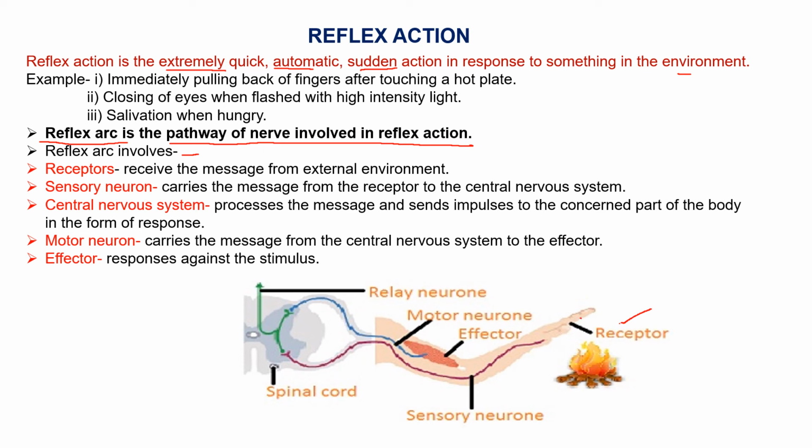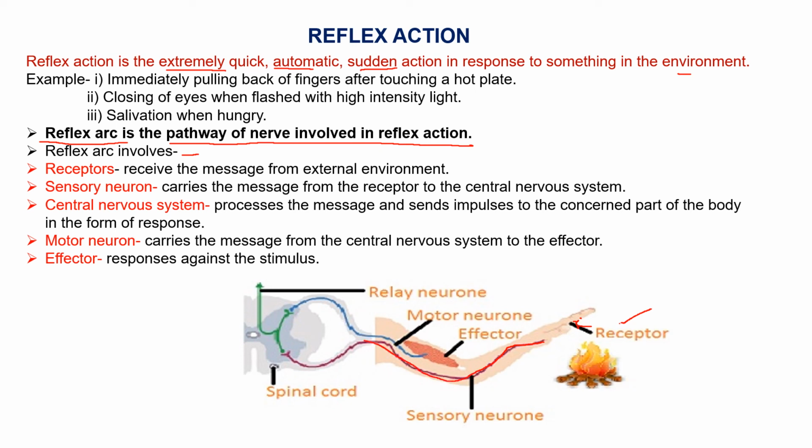The receptor will receive the change in the environment immediately, because the fire is over here, so definitely a lot of heat is generated here, and that is received by your receptor, right? And it will send the signal in the form of a chemical or nerve impulses through the sensory neuron, right?